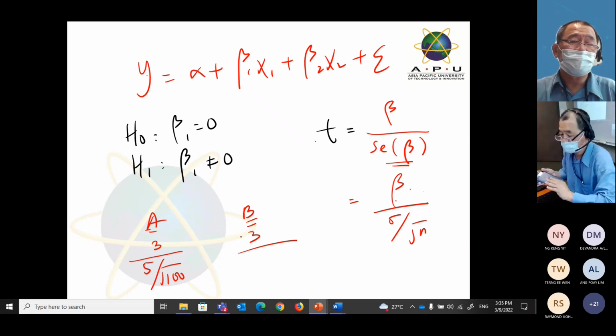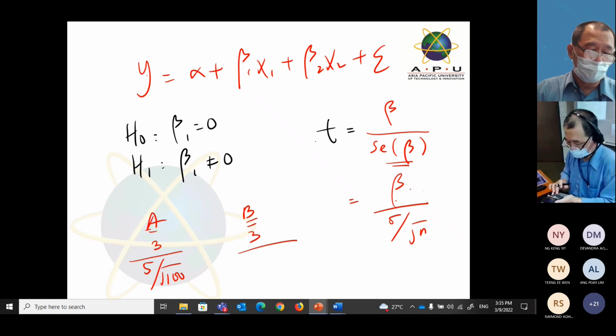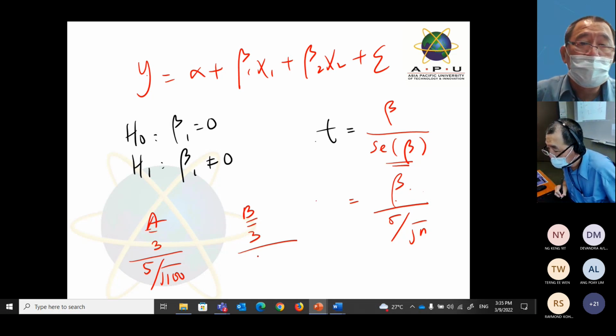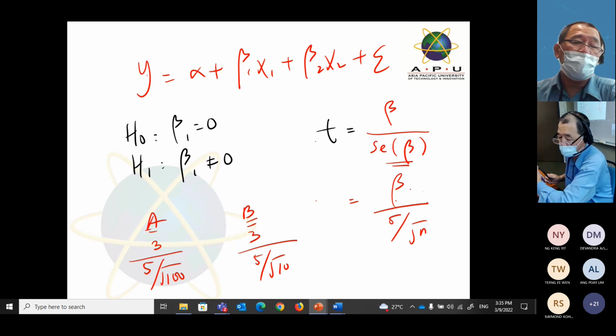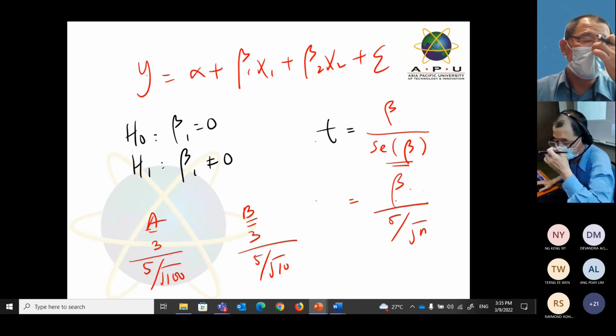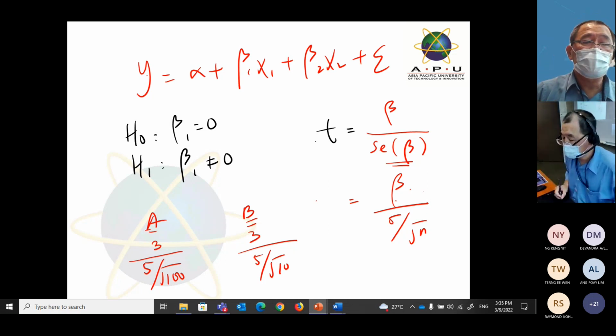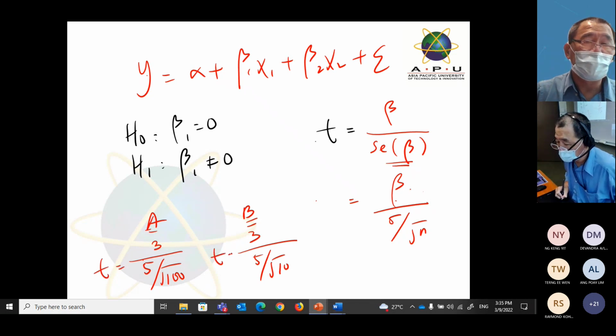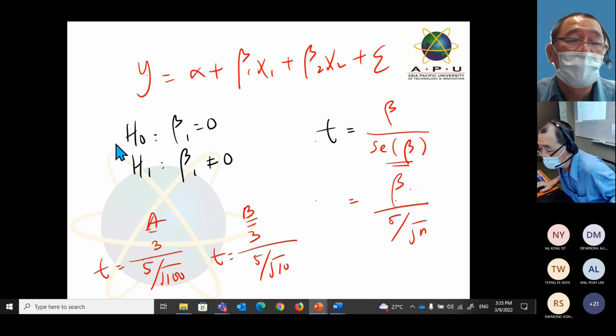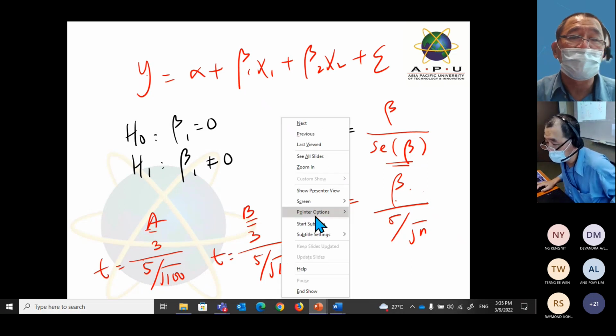Using the calculator, for B it is 5 over the square root of 10. A has the larger sample size compared to B: A is 100, B is 10.